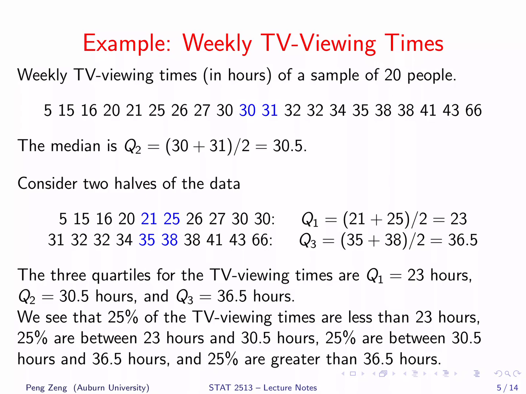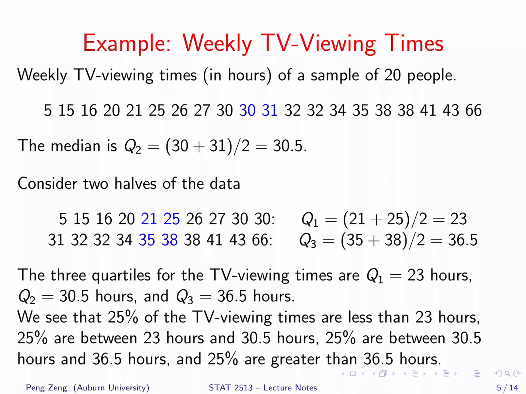All numbers smaller than 30.5 give us the bottom half of the data. All numbers larger than 30.5 give us the top half of the data. For the bottom half, the sample size is 10. Its median is the average of the 2 middle numbers, or the average of 21 and 25.